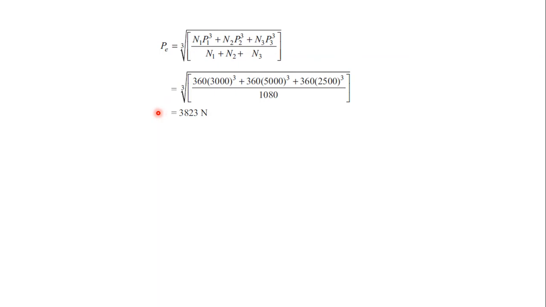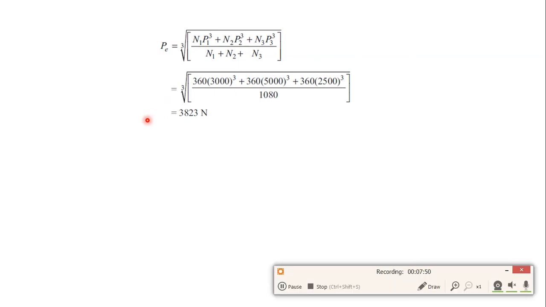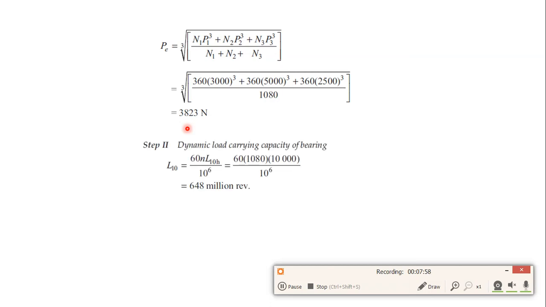Now once we have this equivalent dynamic load, we can calculate the dynamic capacity using the relation derived in theory. For the dynamic load carrying capacity of the bearing, first we convert L10H into million revolutions: 60 n L10H divided by 10 to the 6.